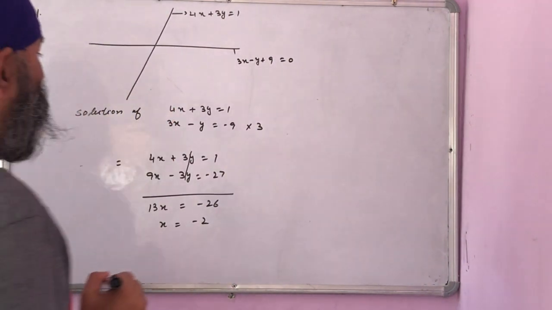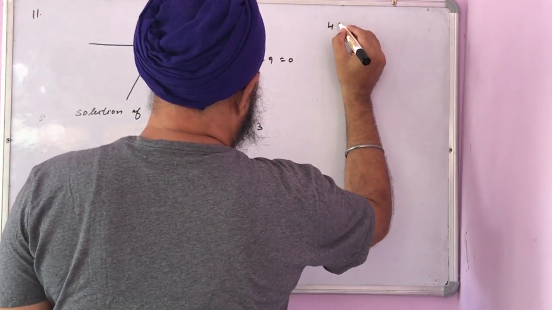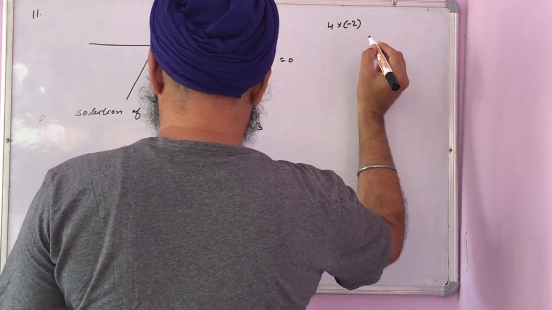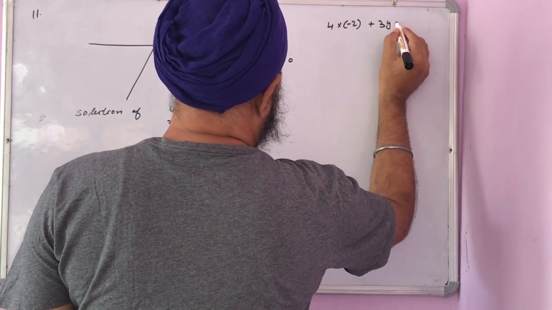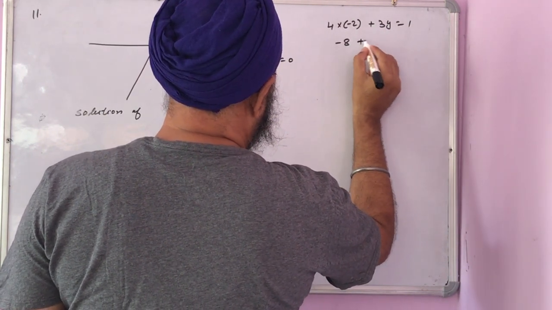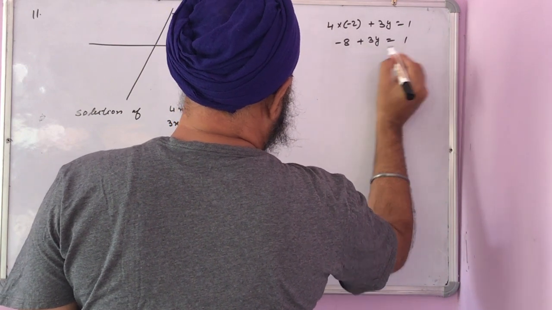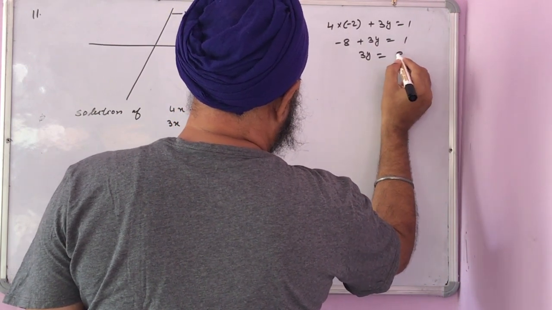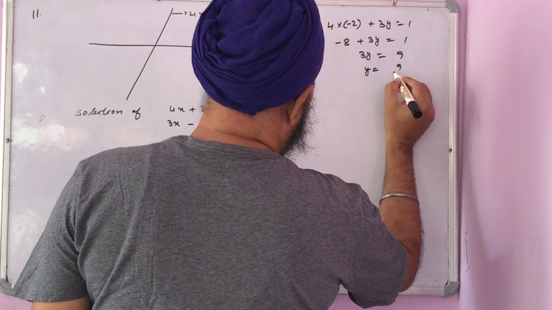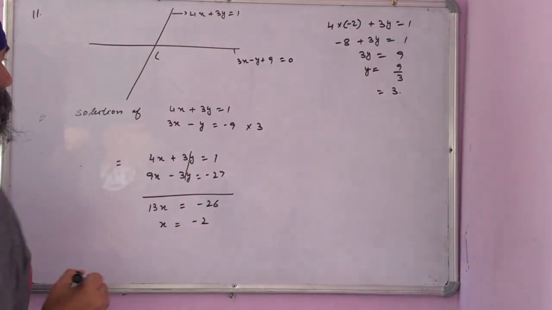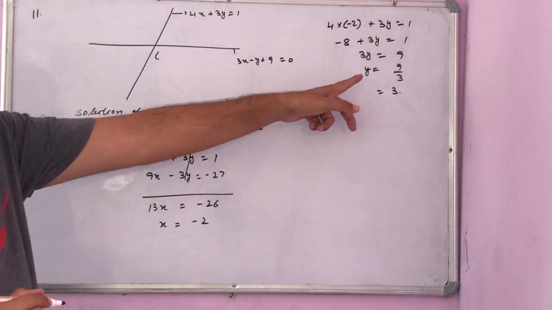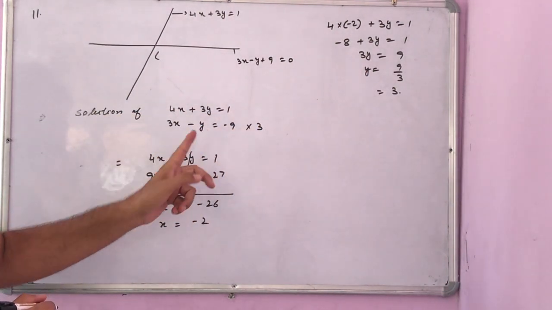In place of x I write minus 2. 4 into minus 2 plus 3y is equal to 1, minus 8 plus 3y equal to 1, 3y equal to 9, y is equal to 9 upon 3, or 3. So the point of intersection will be the solution of these two equations simultaneously.